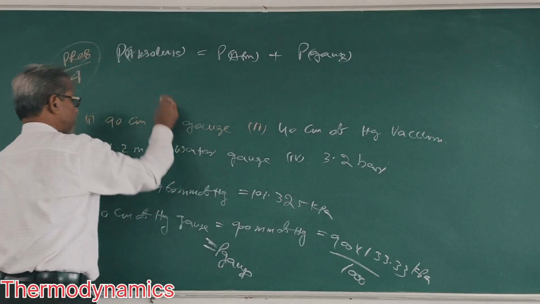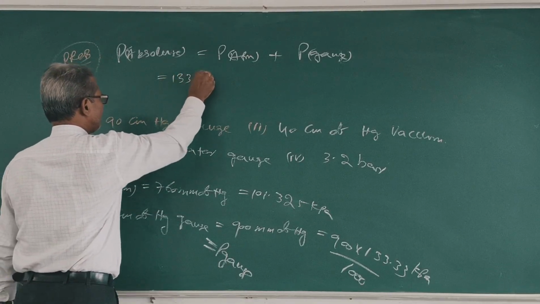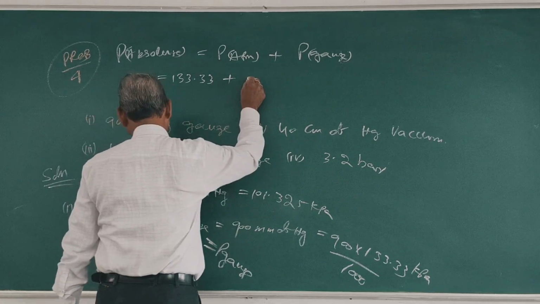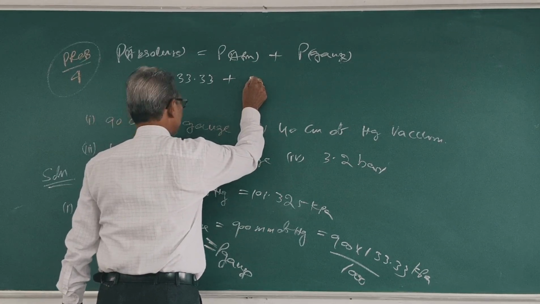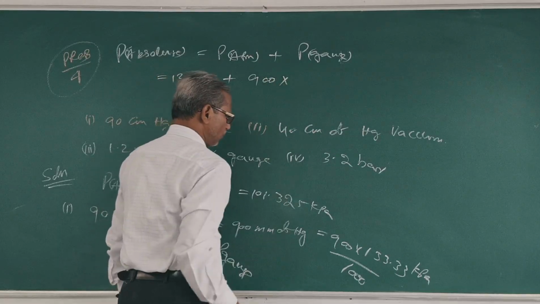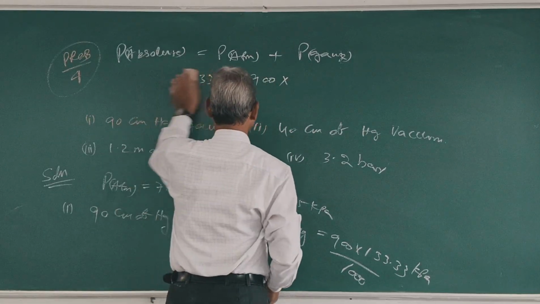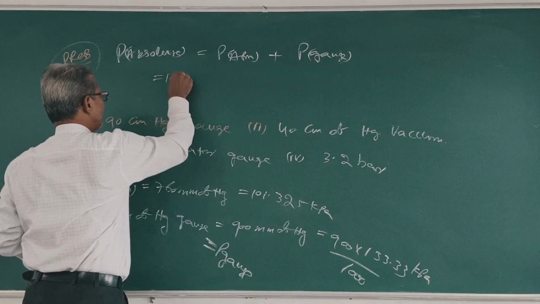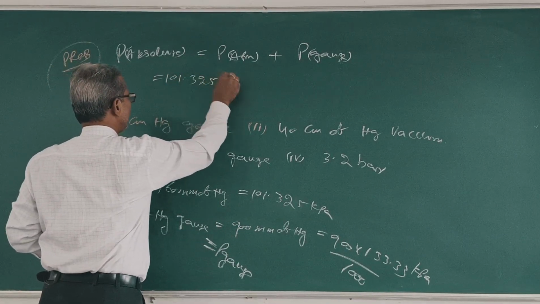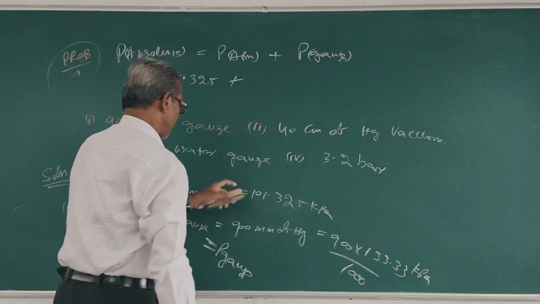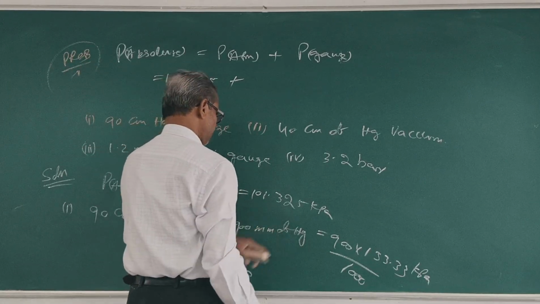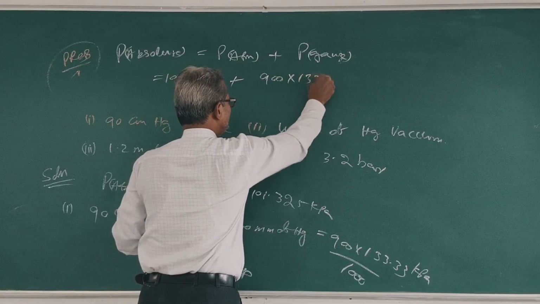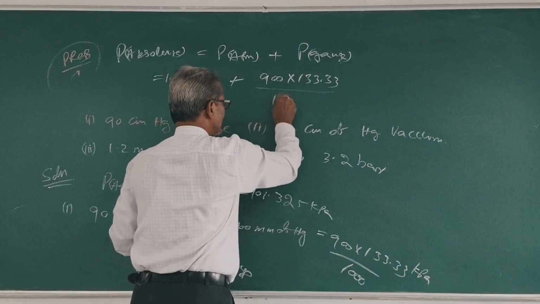What is P atmospheric? 101.325 plus what is this? 900 into 133.33 by 1000.